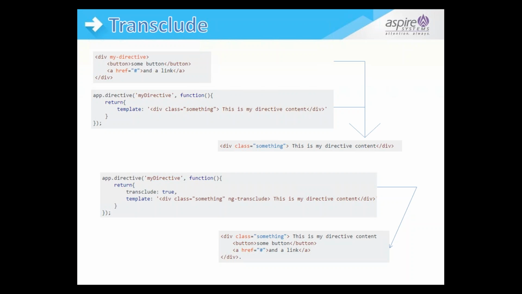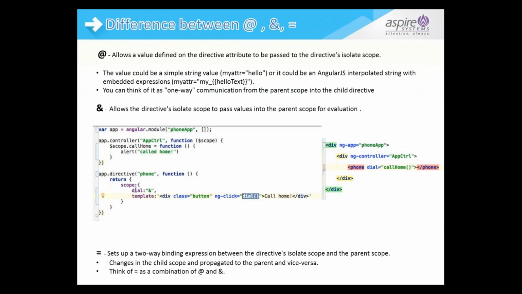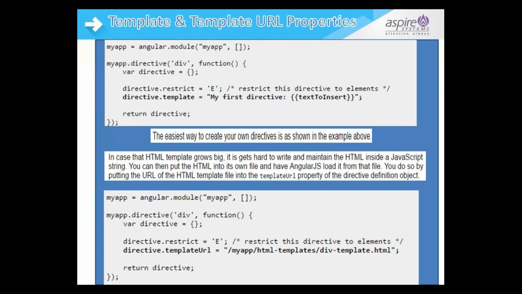Okay, but assume your directive is going to do a lot of stuff. Its HTML DOM text is very complex, so you cannot keep it here. You can type it, but it's a little bit difficult. So you want to move your content to a separate HTML file. What you can do is take this code, place it in an HTML file, but then instead of saying template, just say templateUrl and give its path.